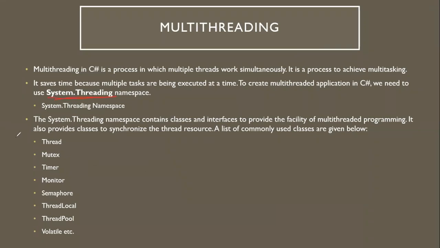This particular namespace contains classes and interfaces. It's a basic rule in C Sharp that a namespace can contain classes, interfaces, enumerations, structures, etc., and classes will have members like fields and methods.